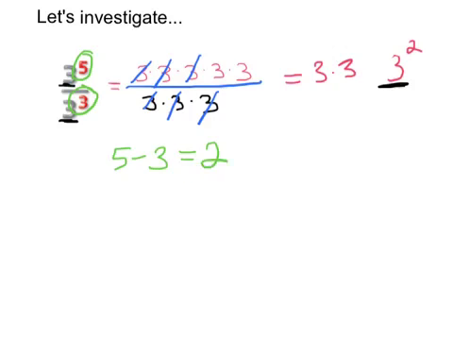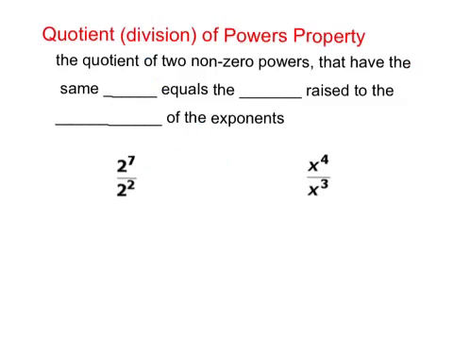So let's look at what possibly could be a rule. So now we come across this property, which we call the quotient of powers property. What this says is that the quotient of two non-zero powers, so obviously you can't have something like 0 to the 0 power, that have the same base.